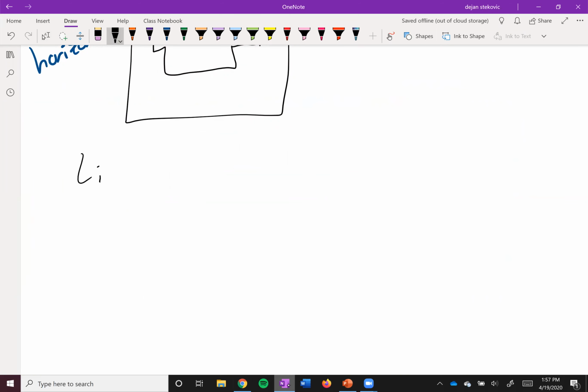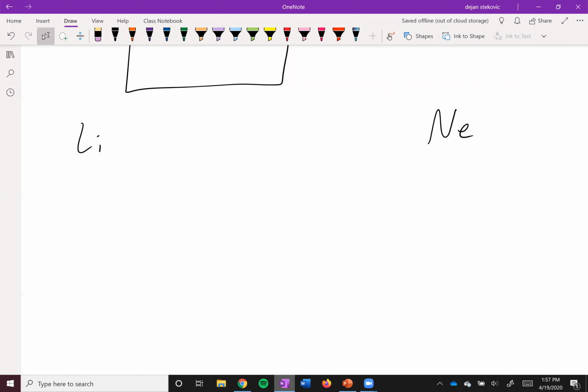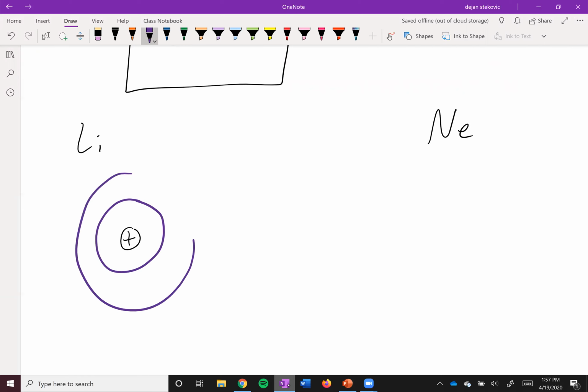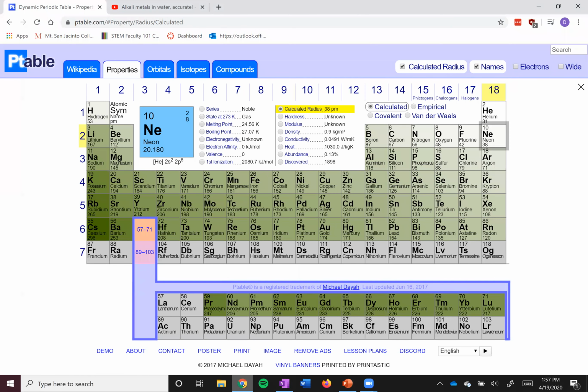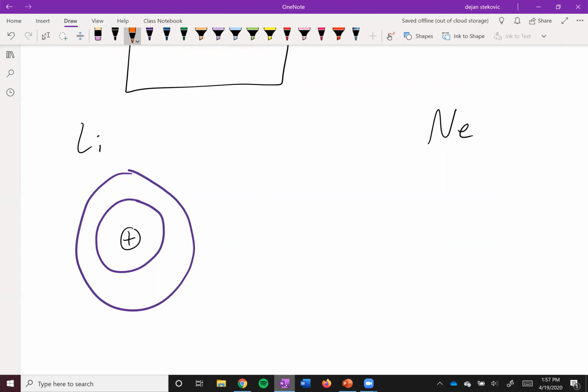So let's take a look at what's going on there. Let's think about lithium and neon in a Bohr model-esque way. So we'll make lithium big since it is big. If we think about the electron configuration of lithium, it's going to be 1s2, 2s1. So you'll have 2 electrons on this n equals 1, and then 1 electron on this n equals 2.